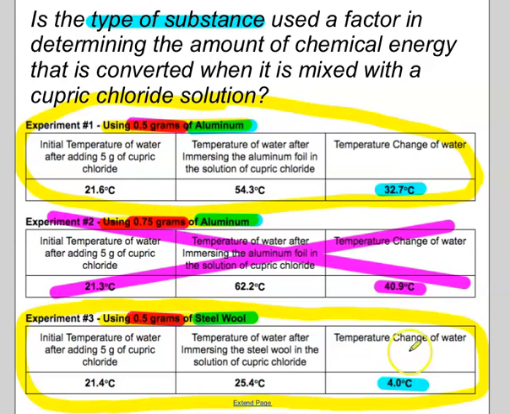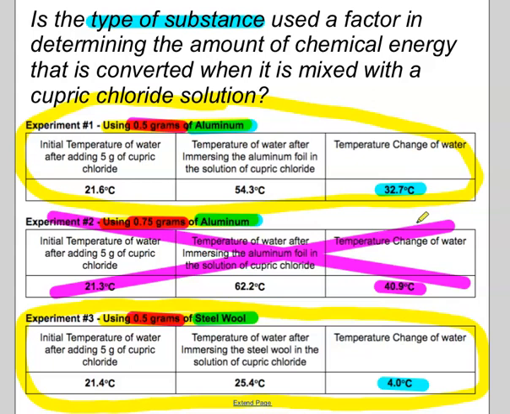And you can even subtract them. If you just take 32.7, plug it into a calculator, you can use your Chromebook, and you minus 4, it's a 28.7 degree change. So you might say in your evidence that there is a 28.7 degree difference when we used aluminum foil versus steel wool.